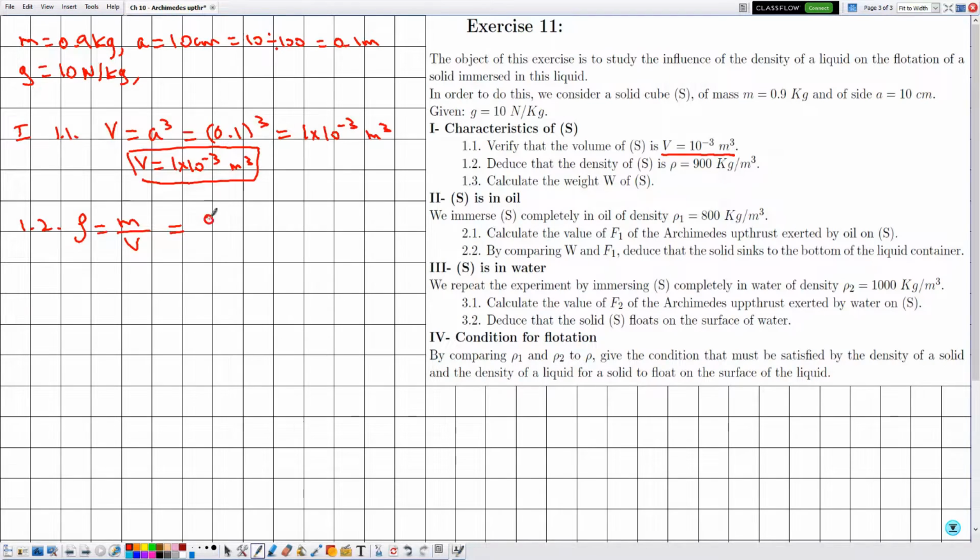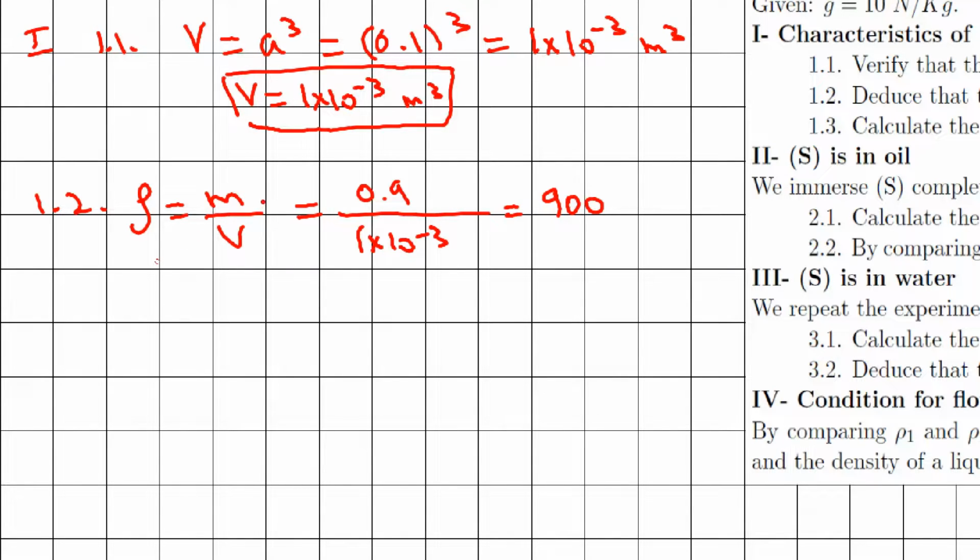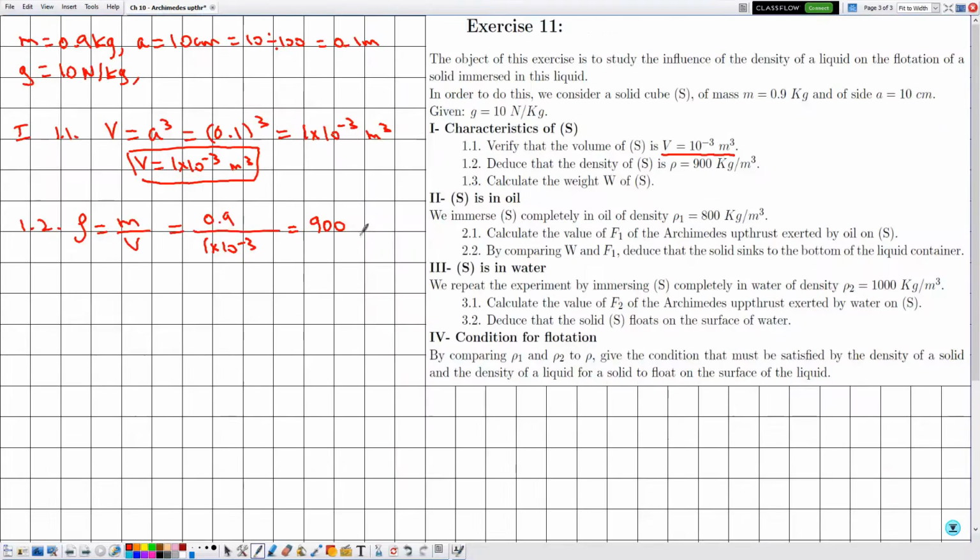The mass is 0.9 and the volume in the SI is 1 times 10 to the power minus 3. Plugging this fraction on the calculator, the density is 900. Since everything is in the SI, rho will be in kilogram per meter cube. So the density of this solid is 900 kilogram per meter cube.